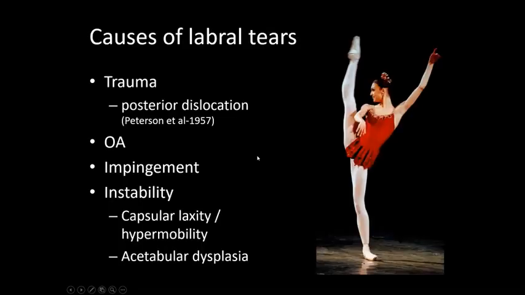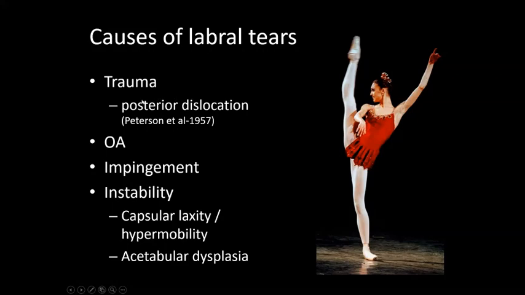Okay, we move on now to the labral tears, and we will see how the labral tears look. So what are the causes of labral tears? The first case of labral tear was diagnosed back in 1957 by Peterson et al. And this was an open arthrotomy in a patient with posterior hip dislocation.